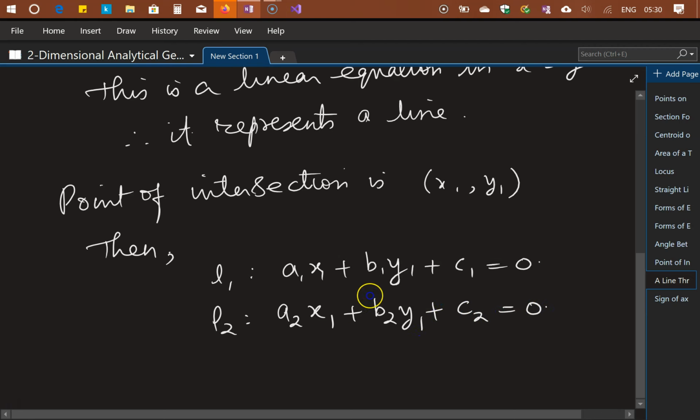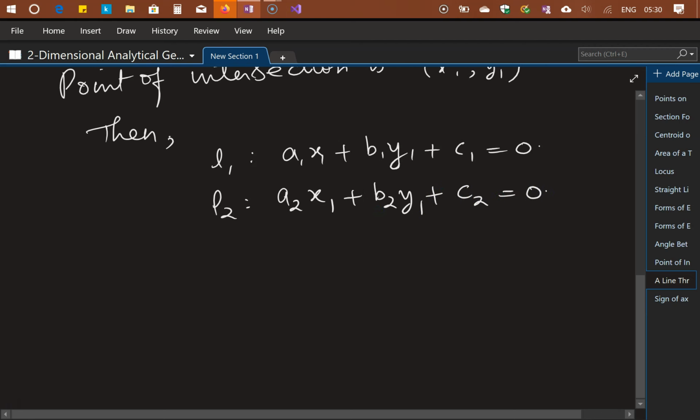Remember, this is the equation of the lines passing through the point of intersection of these 2 lines.